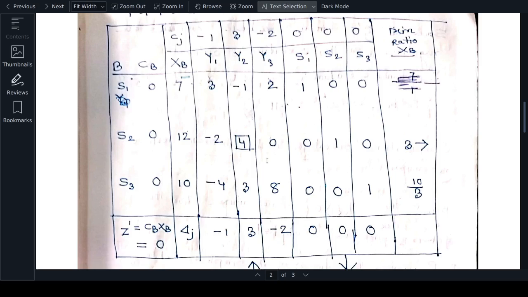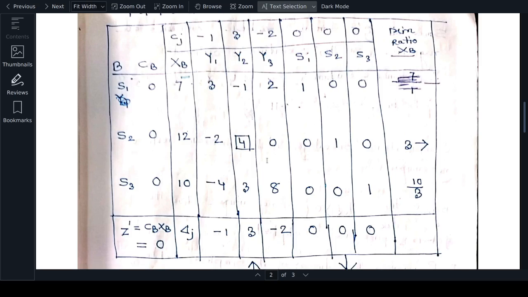So for delta 1, write c1, -1, minus cb, means the cb vector. And cb into yj means yj vector, means you consider the whole column. So cb means 0, 0, 0 into y1 means 3, -2, -4.